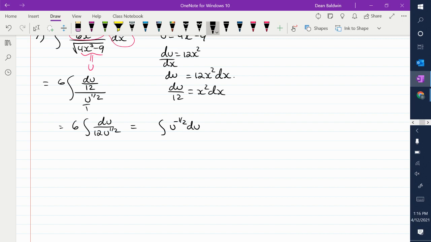What do I do with the 6 and the 12? What does it reduce to? And now you can integrate it.